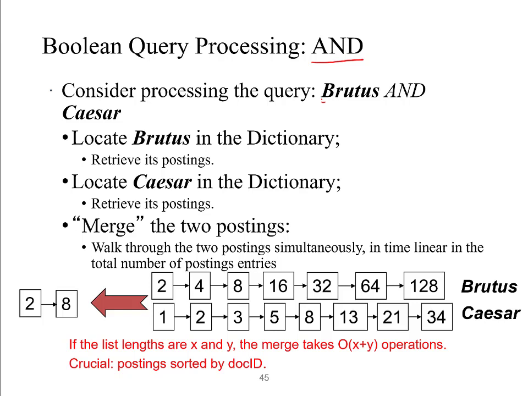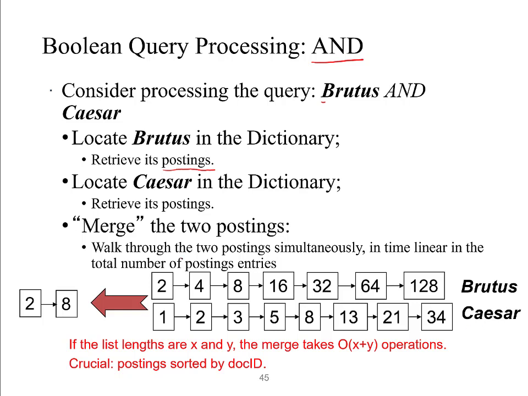All right, so given the query Brutus and Caesar, as the first step, you locate Brutus in the dictionary and retrieve its postings, and the postings of Caesar. Then you merge the two postings. Assume this one is the posting list of Brutus and this one is the posting list of Caesar.